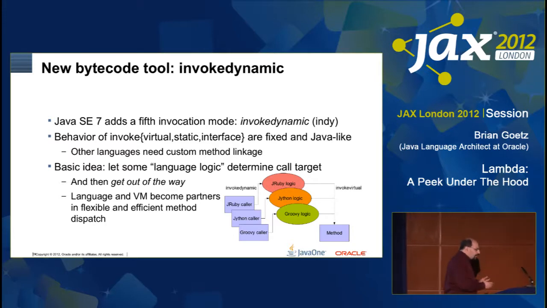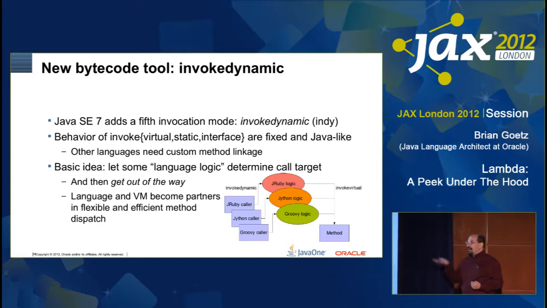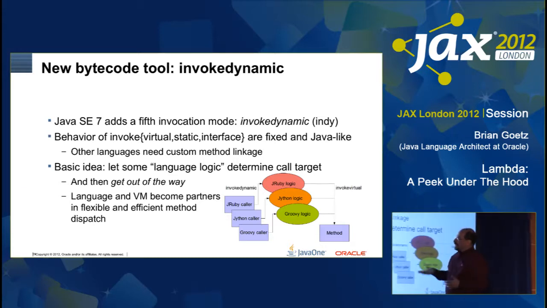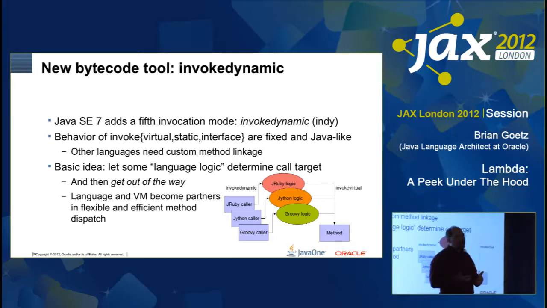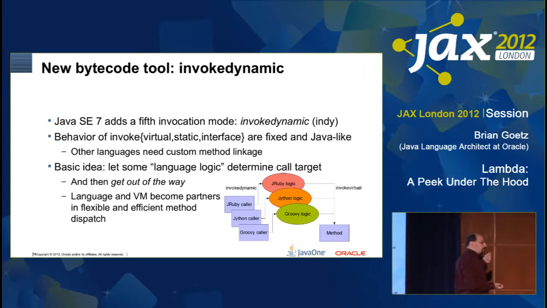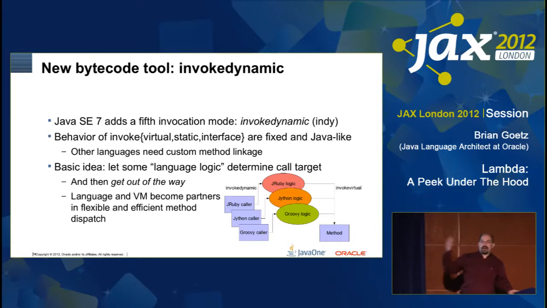So the behavior of invoke virtual, invoke static, invoke interface are fixed and Java-like, great for Java, not so great for Ruby, right? So without invoke dynamic, compilers like JRuby had to resort to tricks like reflection, which is really slow, or generating a lot of adapter classes on the fly, which is faster than reflection but has other problems.